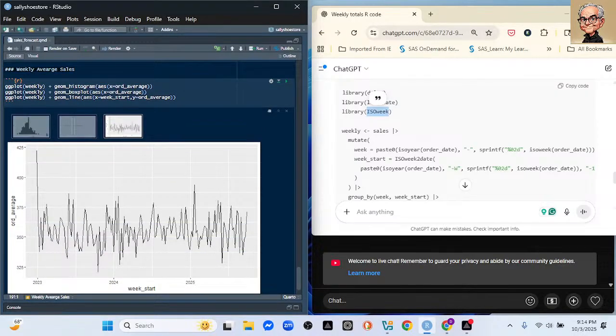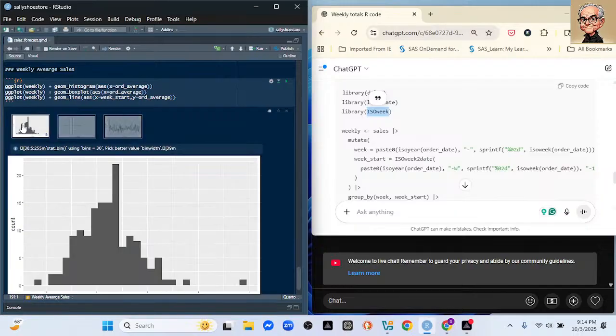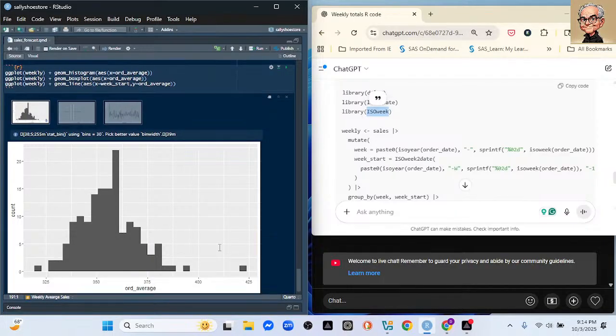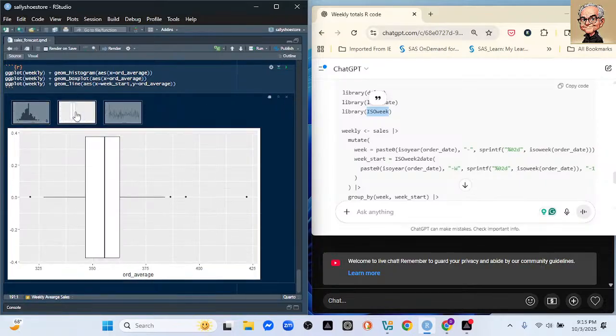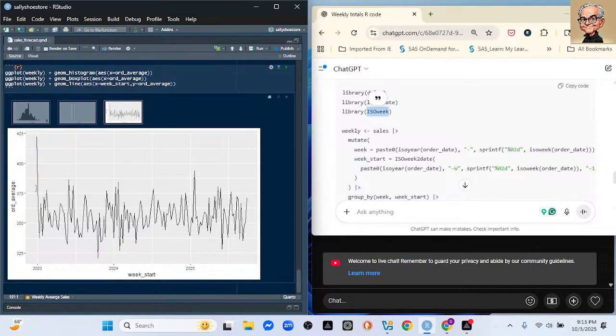So that's weekly. This looks a little better. Few outliers. Get rid of everything that's this. This doesn't look too bad. Still got this crazy thing over here.